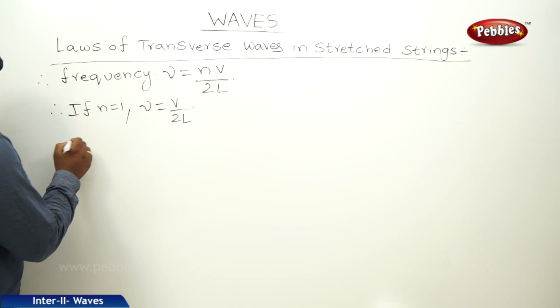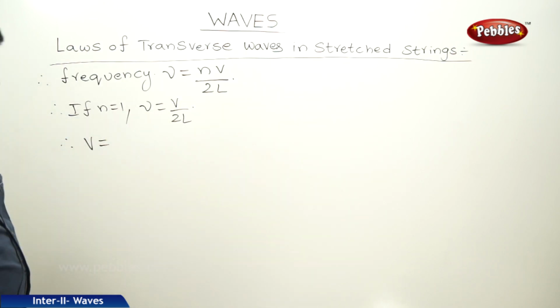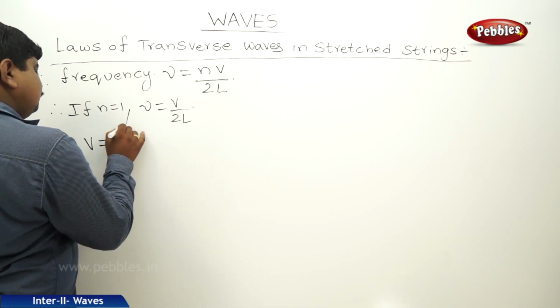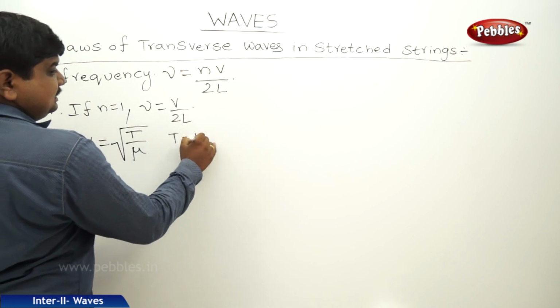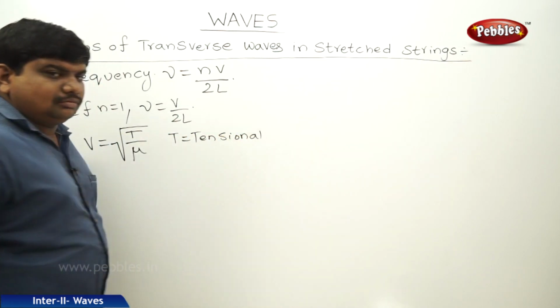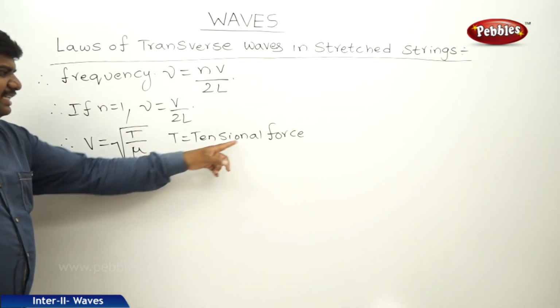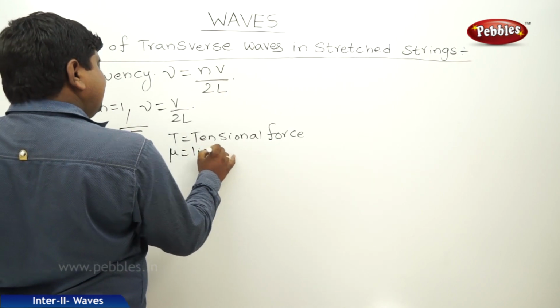So what is V? Root of T by mu, where T is the tensional force, mu is the linear mass density.